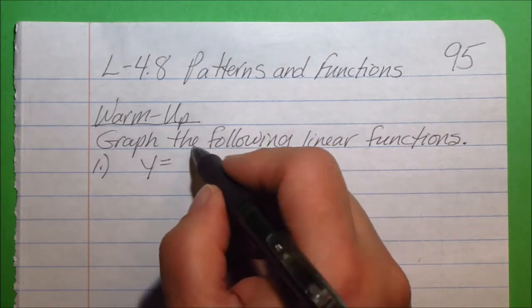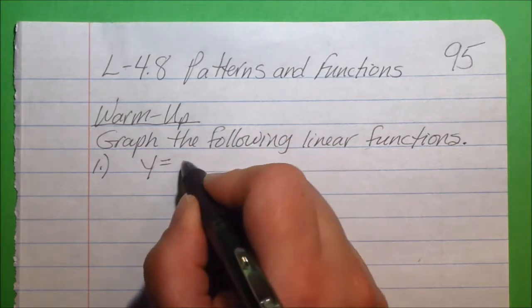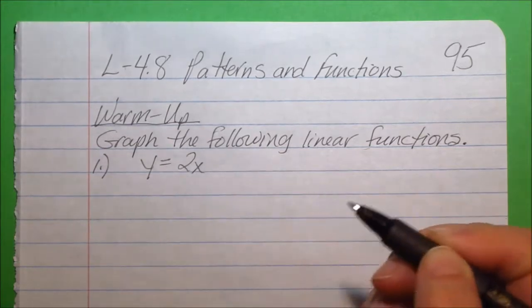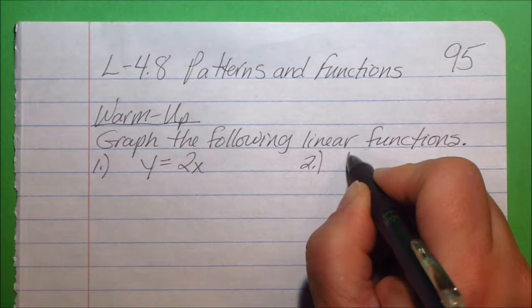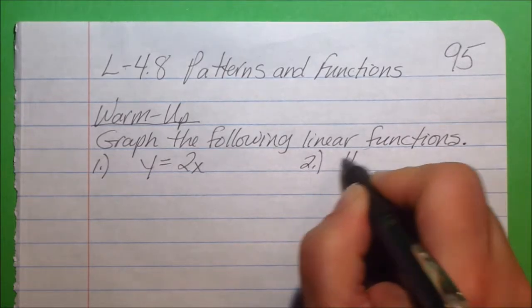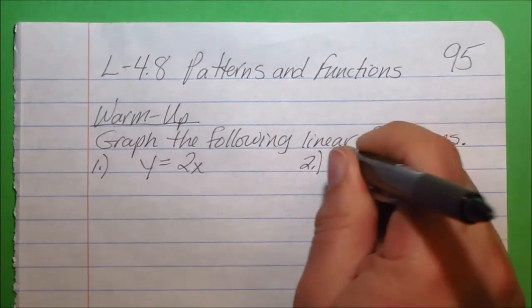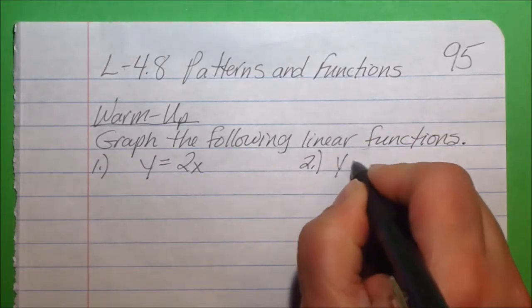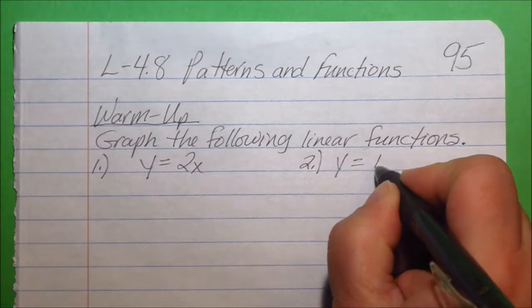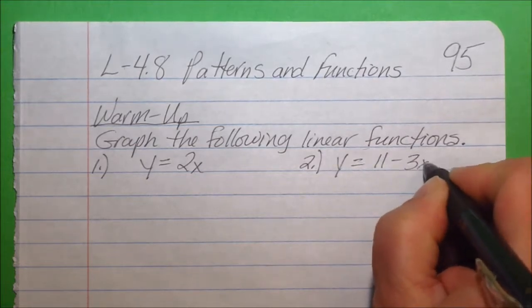All right, the first one is to graph the linear function y equals 2x. And the second one is to graph, oops, it doesn't start with 11, that's for sure. Y equals 11 minus 3x.